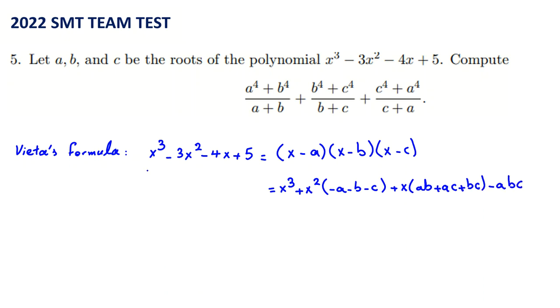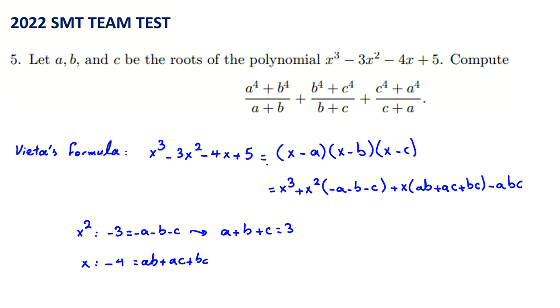If you compare both expressions, for the coefficient of x squared we conclude negative 3 equals negative a minus b minus c. So a plus b plus c is 3. For x, negative 4 is ab plus ac plus bc.